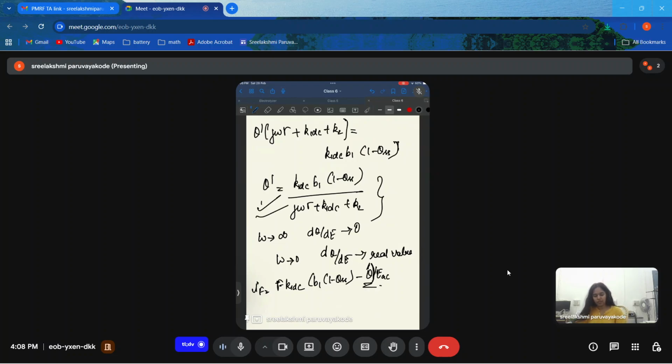If I write I_AC by E_AC, the Z value is I_AC by I_F, which is equal to 1 by F k1 dc b1 (1 − θss) minus θ dash.